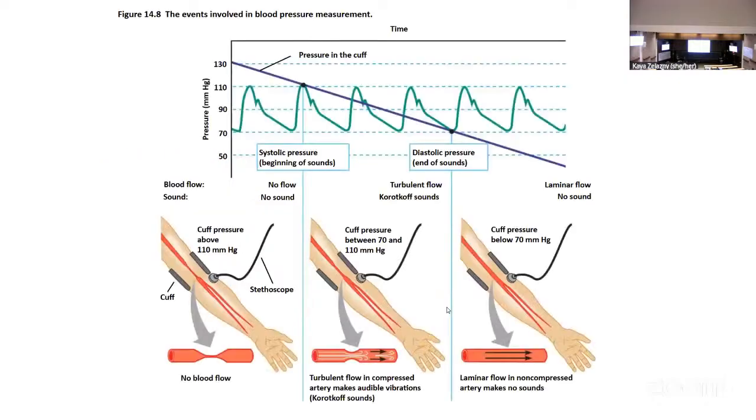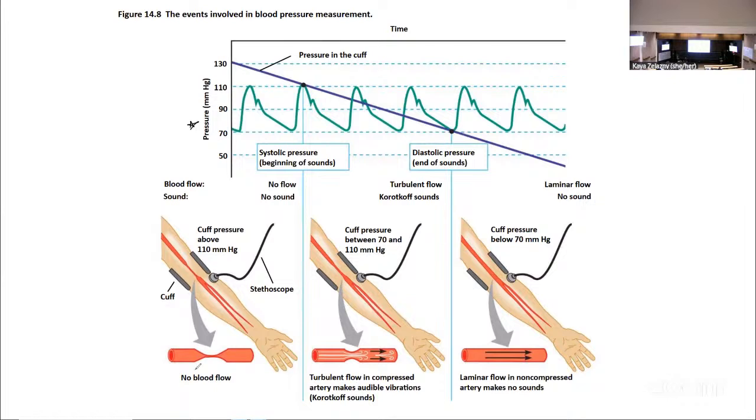Okay. So we could walk through an image of what's going on in terms of our pressures, and then what's going on physically when we're measuring things with our blood pressure cuff. So we'll walk through it step by step.